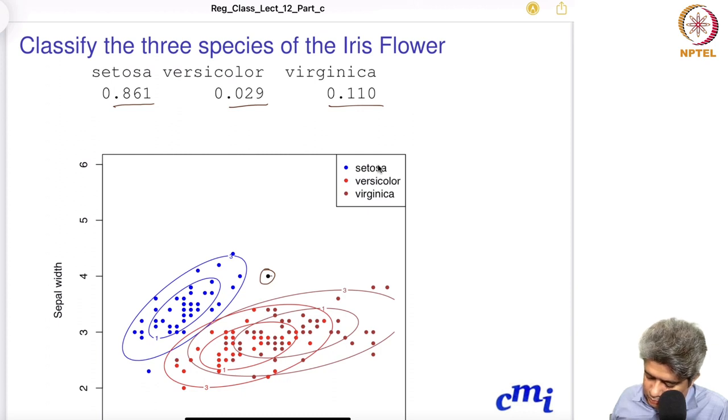So this point belongs to virginica with probability 0.110, to versicolor with probability 0.029, and to setosa with probability 0.861. So most likely this point is setosa.